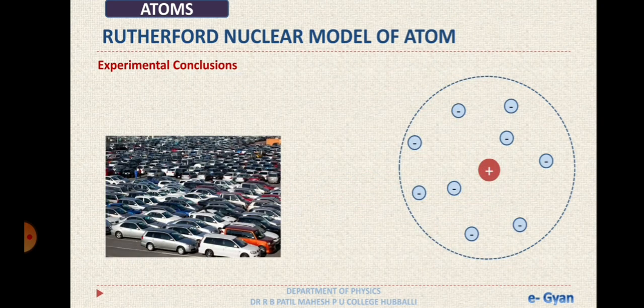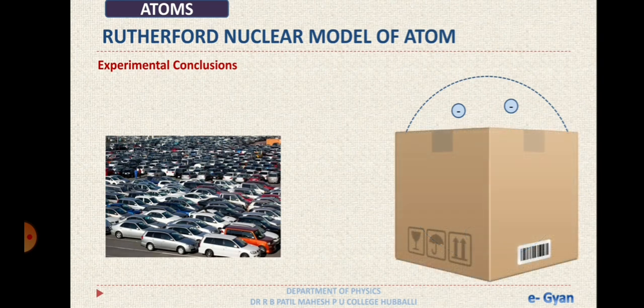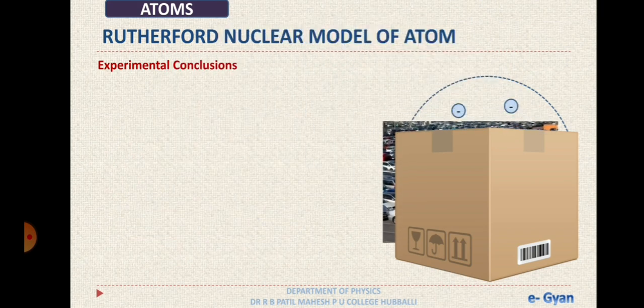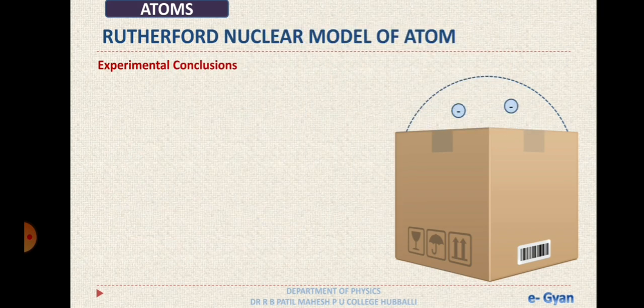Why so? We can understand how dense the nucleus is by comparing this. If I take millions of cars and somehow, by crushing or whatever method, put all these cars in a carton box of 1 foot by 1 foot by 1 foot, then whatever the density of that box becomes is the density of the nucleus.